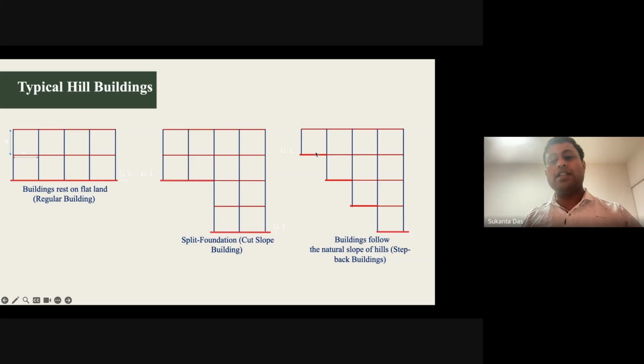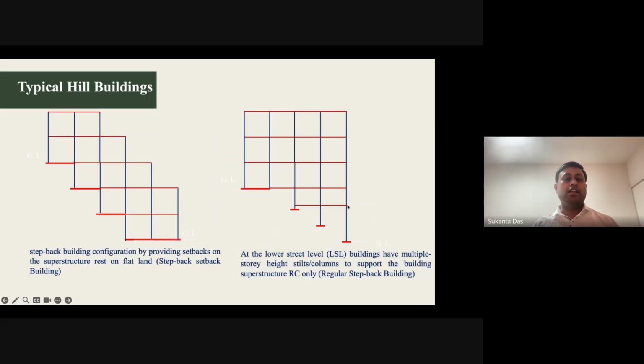And in some cases, your slope is constant, a steep slope. So what can be done? You have one building, then cut the slope and go below. When you are stepping back, if you consider starting from here, stepping back below, this is a step back building. And this is another step back building configuration, step back setback. Why step back setback?